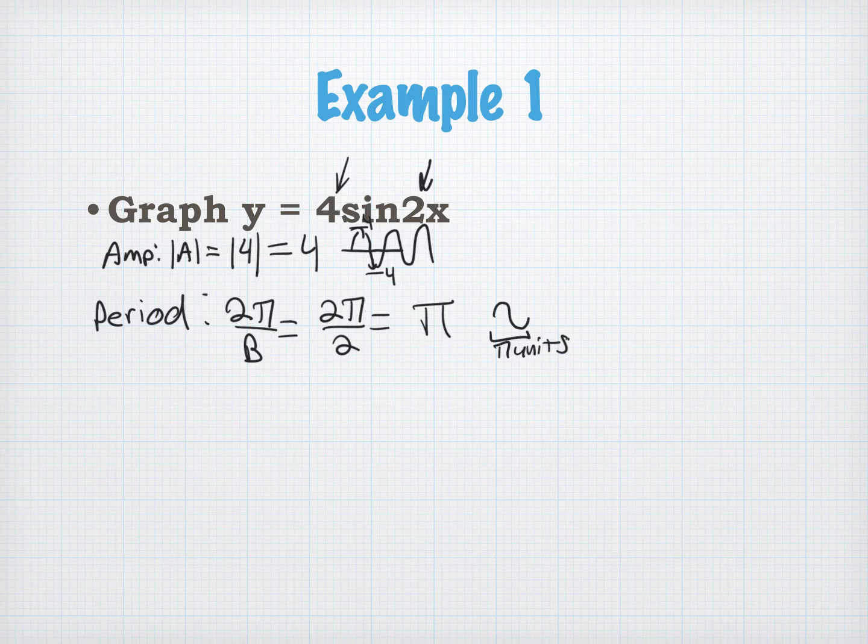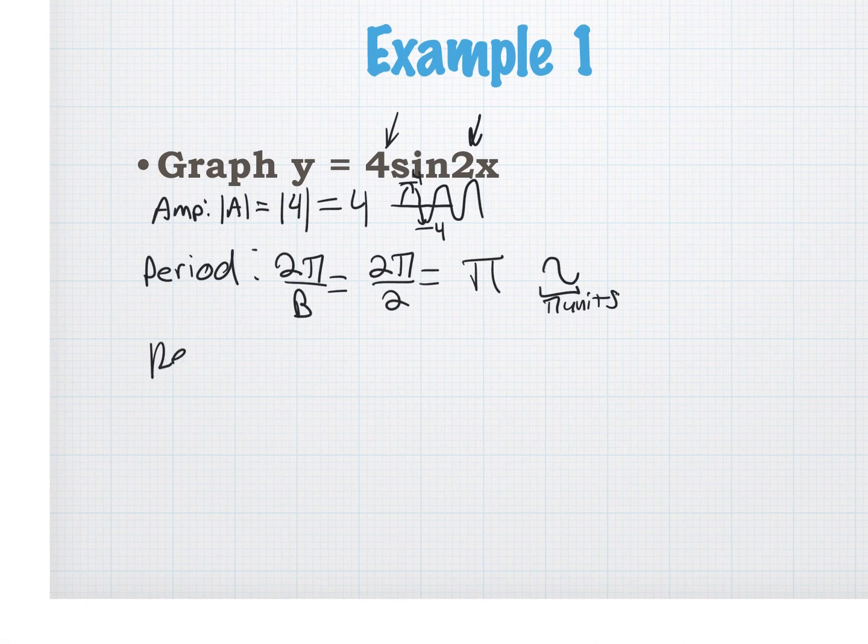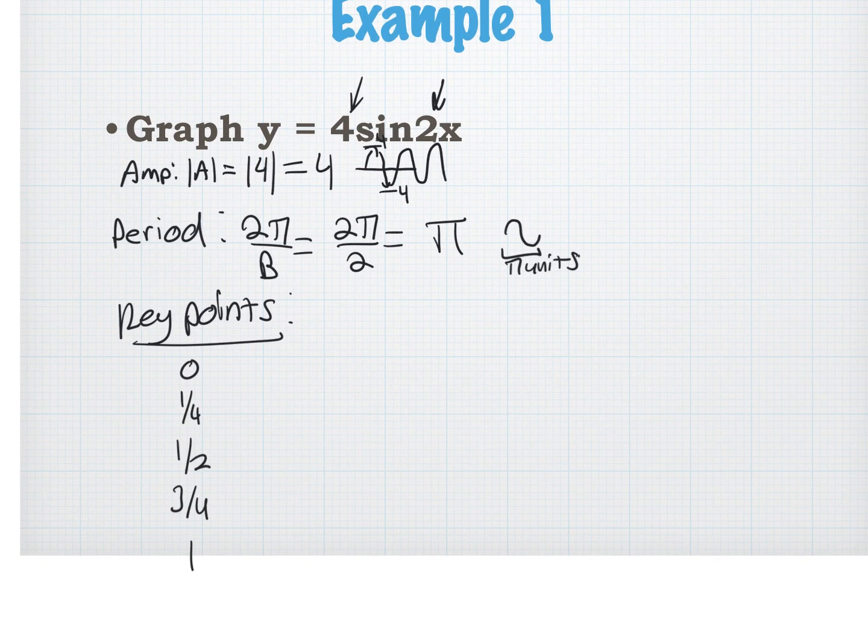Now what we want to do is find key points. Key points are going to be at 0, a quarter, a half, 3/4, and 1 full cycle, right? So I'm going to multiply the period of pi by every single one of these numbers.